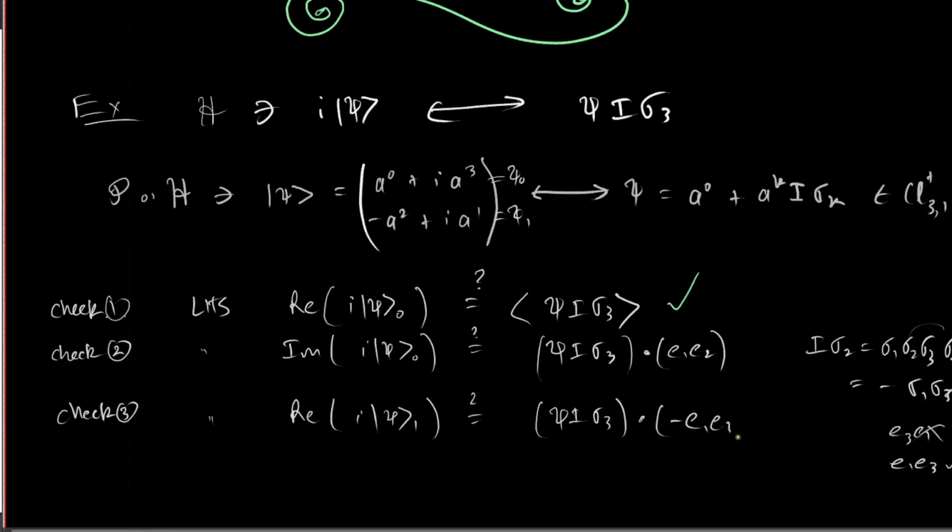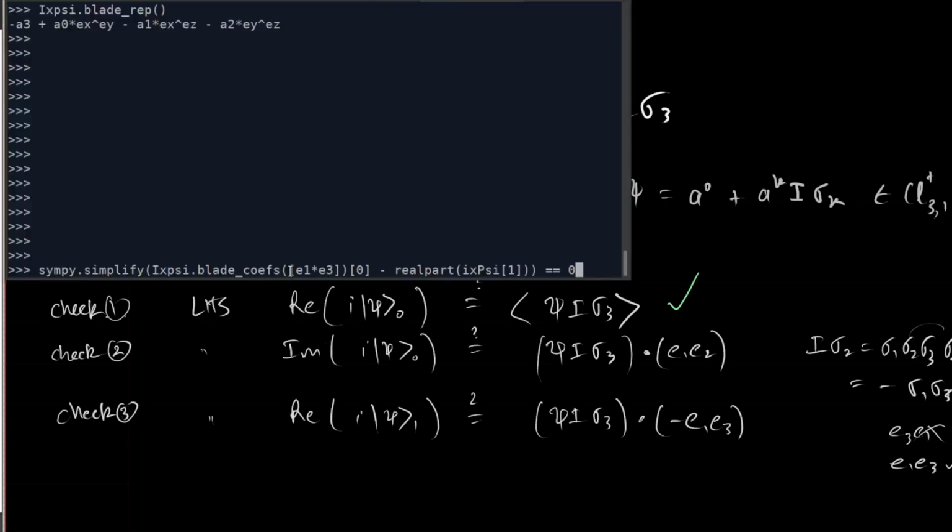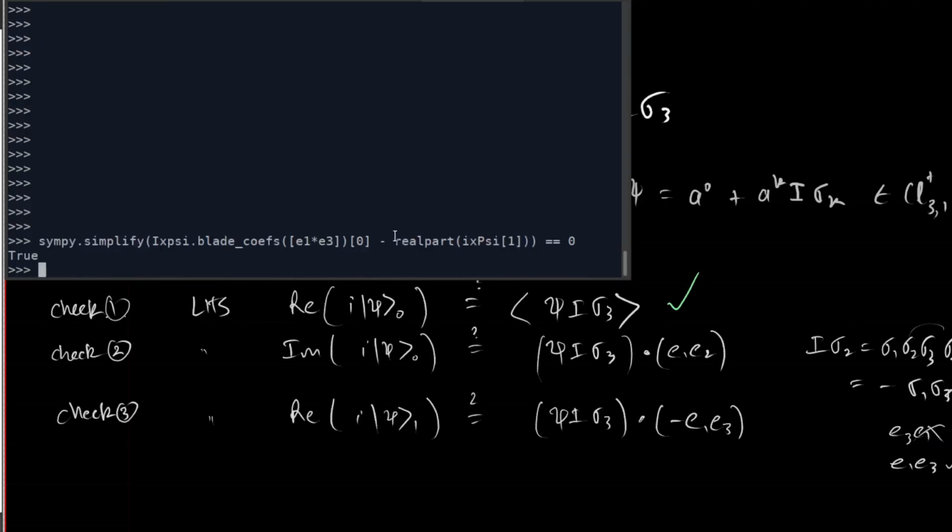So it's really E3, E1 blade, but remember there's a negative on the Pauli side, so that'll cancel out. So when we do the simple expression, there should be a negative in front of this thing here on the multivector side, but that will compare to a negative on this side, so they cancel out, and so I can still just take the difference of these two.